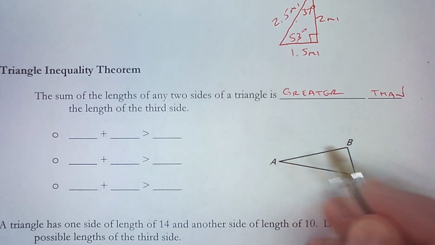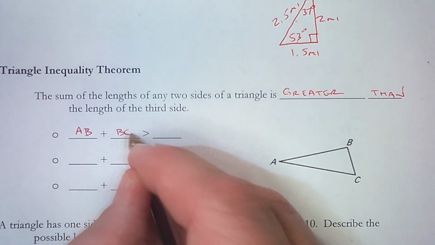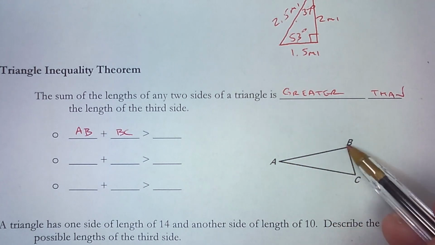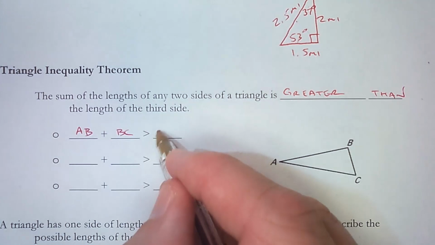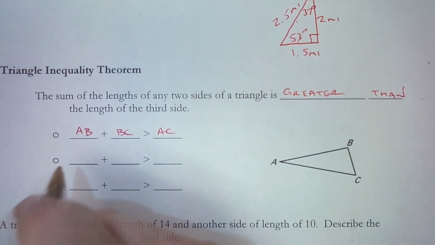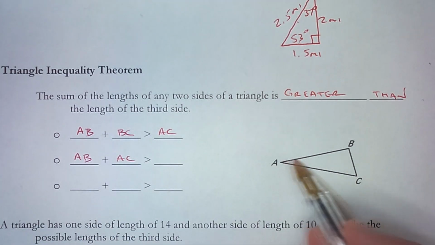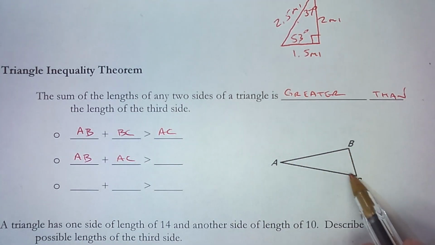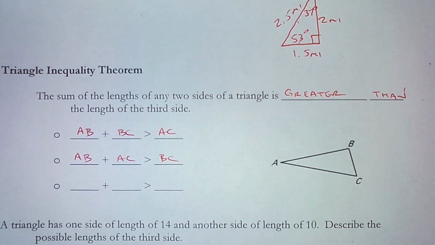So let's just say I add up the length of side AB and BC. I can guarantee that whatever I get by adding these together is going to be greater than the length of AC. Or if I add the lengths of AB and AC, the sum that I get will be greater than this third side, BC.